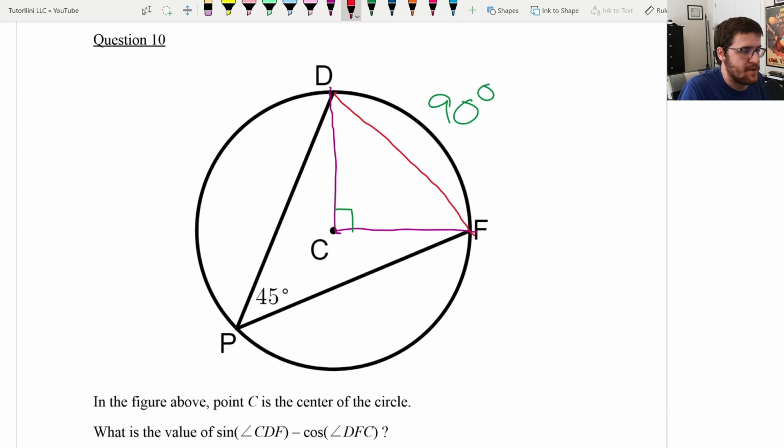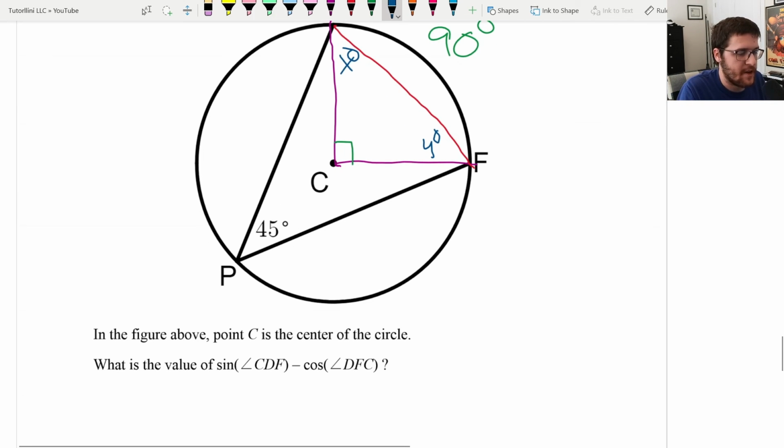All right, so this looks really similar to stuff we've done so far. Okay, CDF, why don't I call that X? That's the first one, just for the sake of simplicity. And then DFC, that's that one. So this one is Y degrees. They are the acute angles of a right triangle, so they must add up to 90. They are complementary.